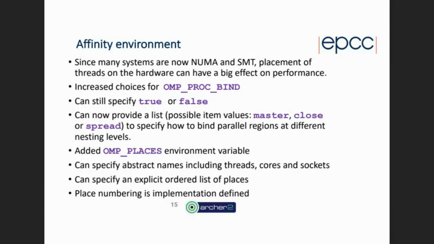So what OpenMP supports is an increased number of choices for the OMP_PROC_BIND environment variable. You can still specify true or false. True says just bind my threads, but it doesn't tell the runtime how to do it. It says, please bind my threads to cores, but it doesn't say which thread goes to which core.